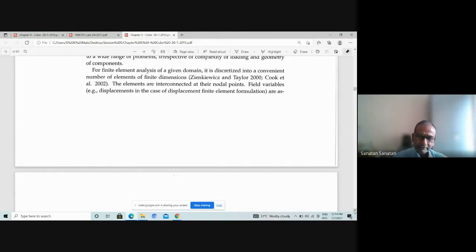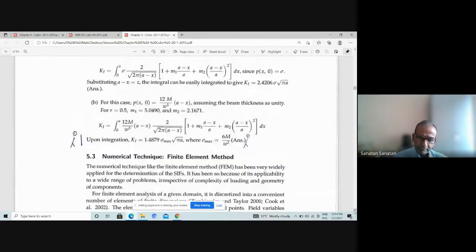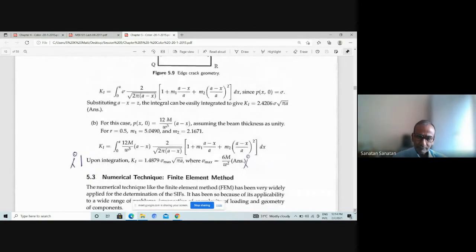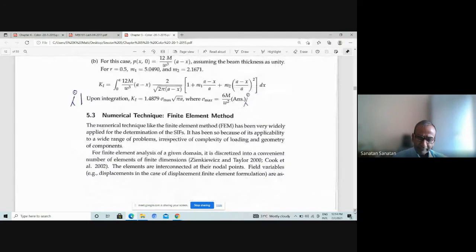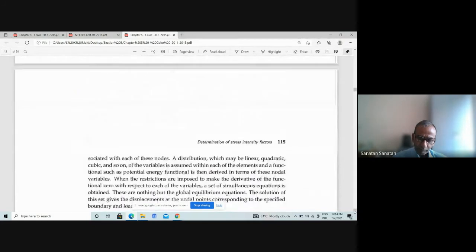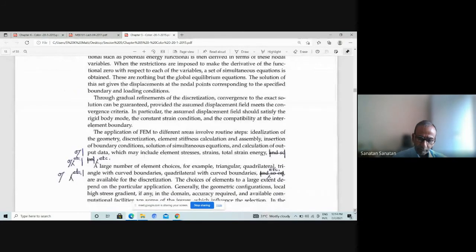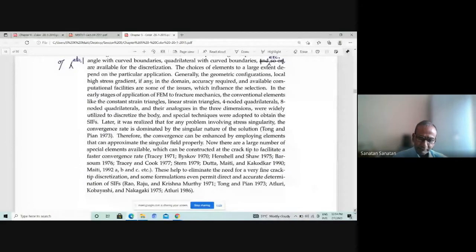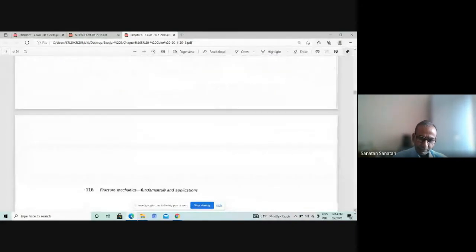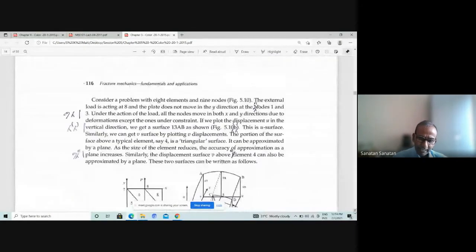In the case of the finite element method, this is actually a general method. Details of the finite element will be given. Some of you are already exposed to using software for solving stress analysis problems.